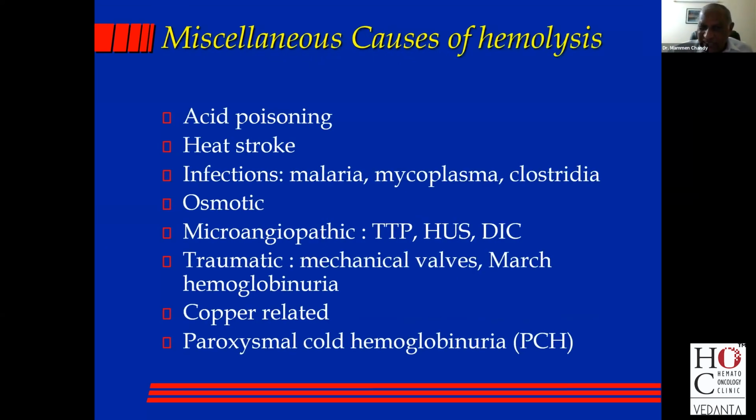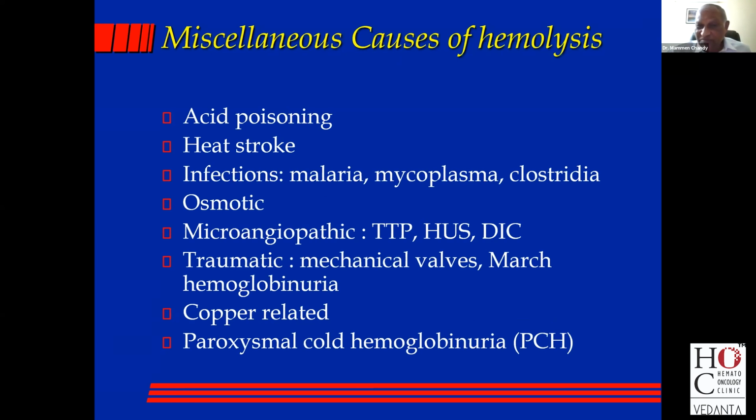Acid poisoning, heat stroke, infections like malaria, mycoplasma, osmotic, as after a prostatectomy, if they've used distilled water instead of saline to do the transurethral prostatectomy. Microangiopathy, where the red cells are cut, like in TTP, HUS, or DIC.